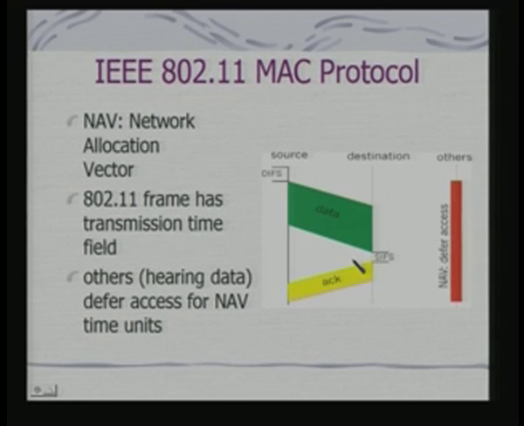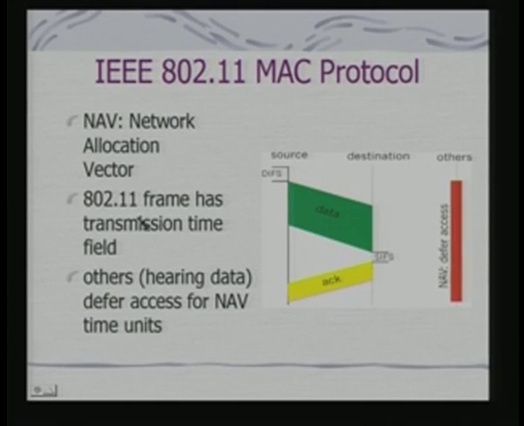Now, what will the others do? Others, on hearing the data, defer access for a certain number of NAV time units. This is called the network allocation vector, and it is associated with the nodes and provides this deferring time period. So, it is not like an exponential back off.